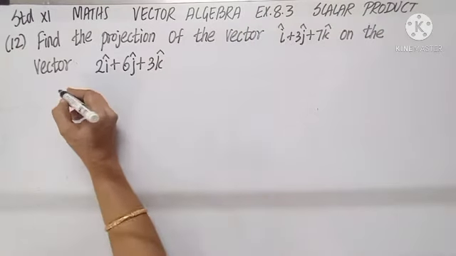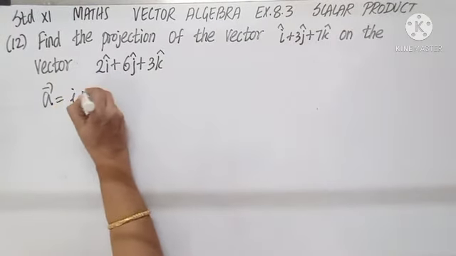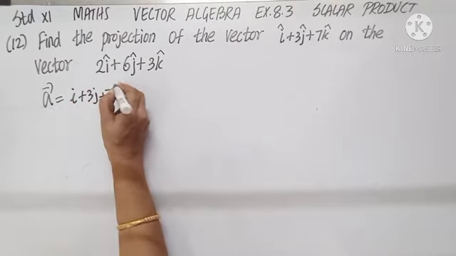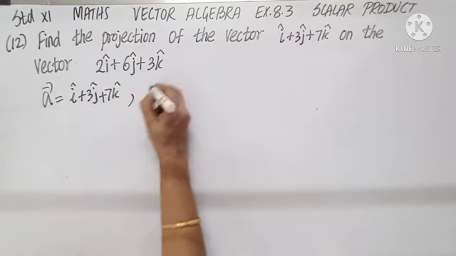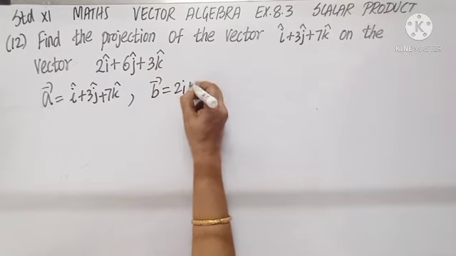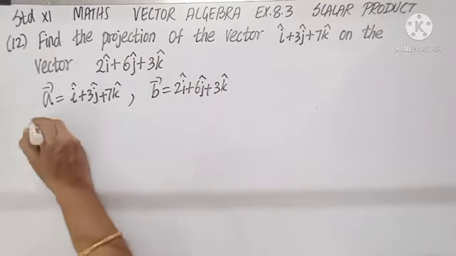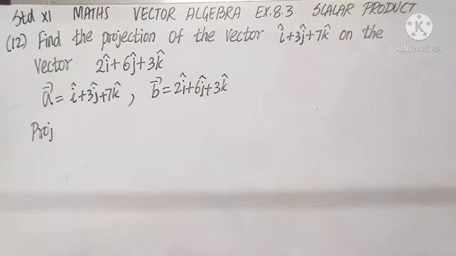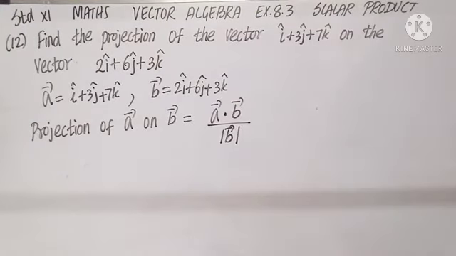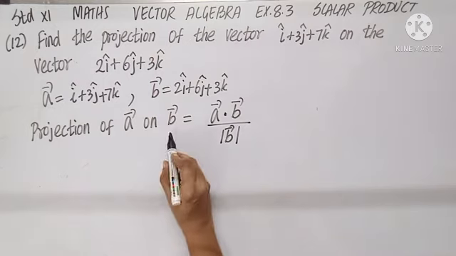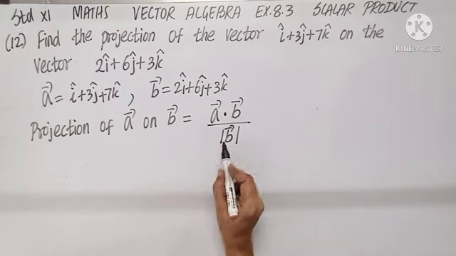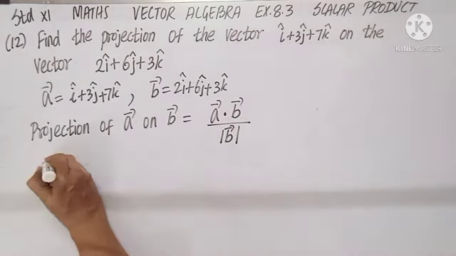Question number 12. Find the projection of the vector I plus 3j plus 7k on the vector 2i plus 6j plus 3k. As I recall the formula, projection of A vector on B vector is A vector dot B vector by modulus of B vector.